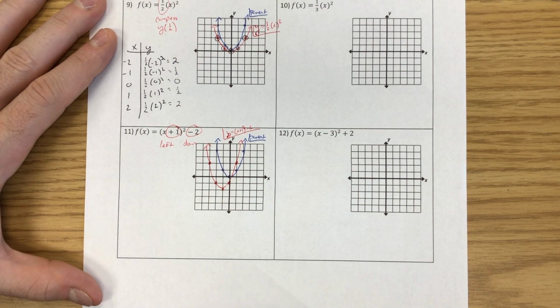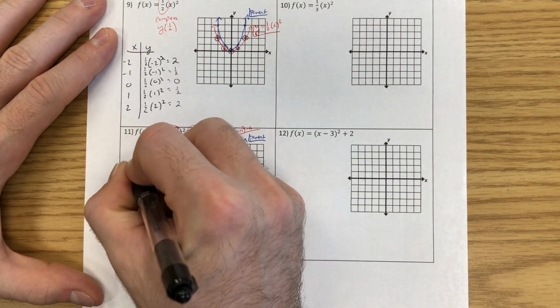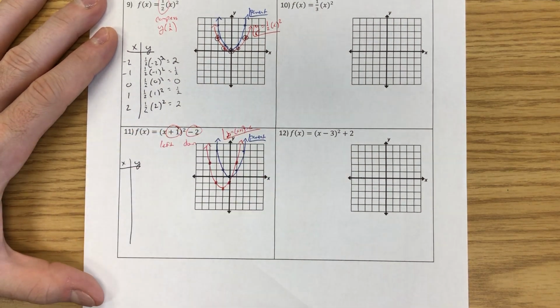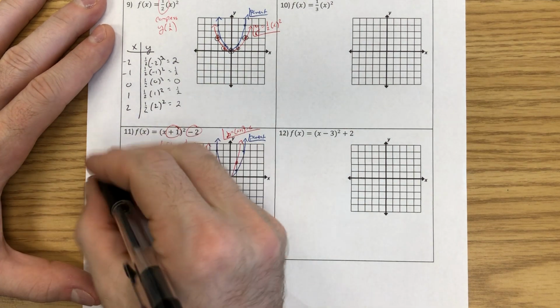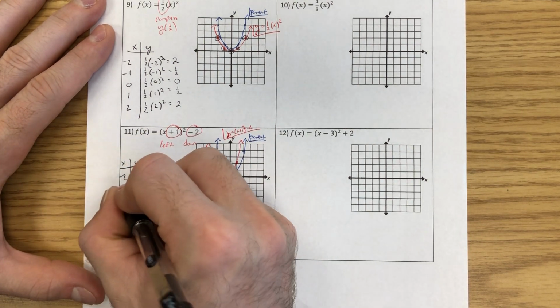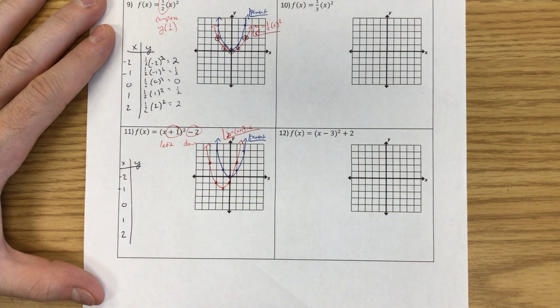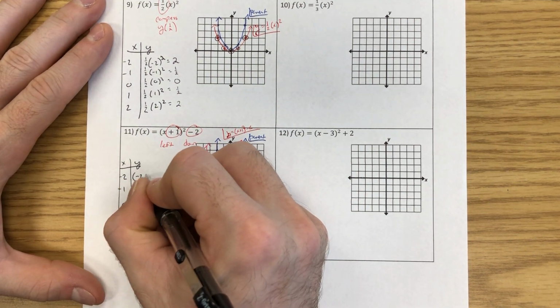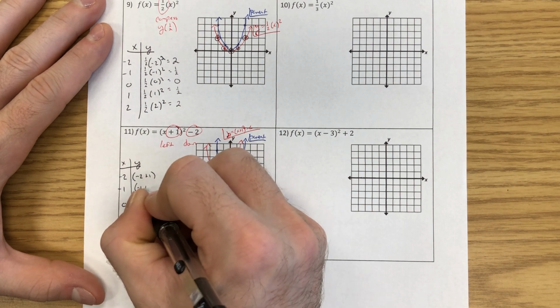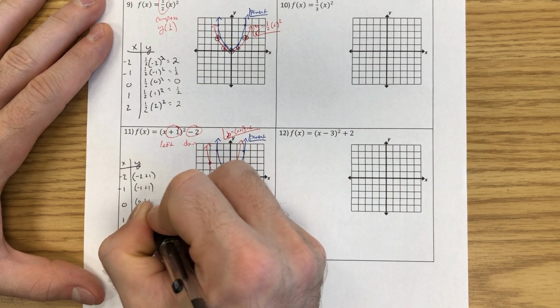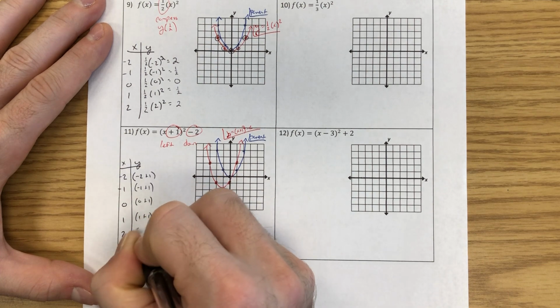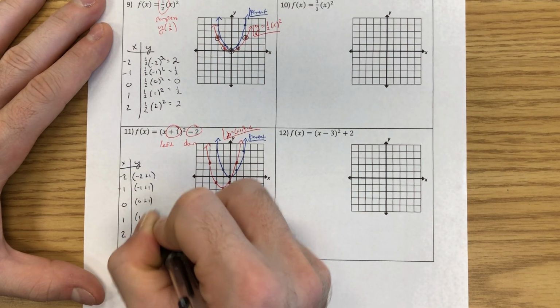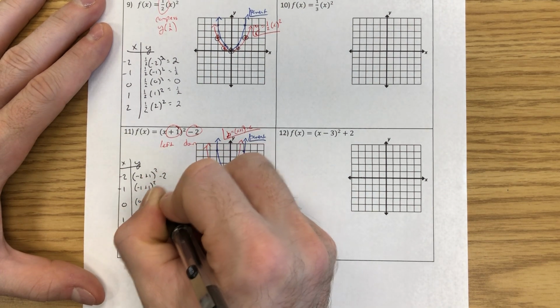Perfect. And so if we check our work, let's go ahead and double check. If I plug in negative 2, negative 1, 0, 1, and 2: negative 2 plus 1, negative 1 plus 1, 0 plus 1, 1 plus 1, and 2 plus 1, squared all the way up, minus 2.